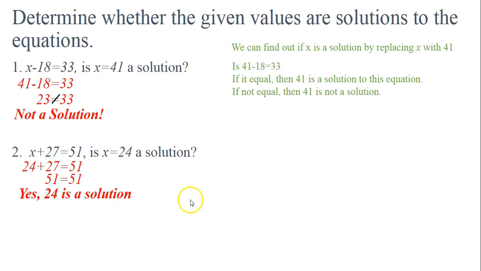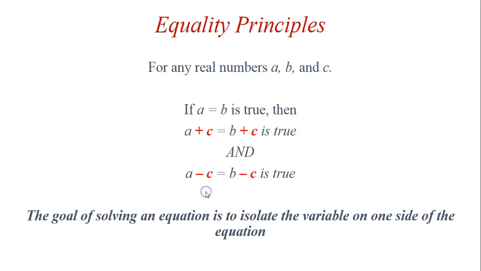So before we go on to the problems, we need to talk about some principles for this. We're going to talk about equality principles, to be exact. For any real numbers a, b, and c, if a equals b is true, then a plus c equals b plus c must also be true.